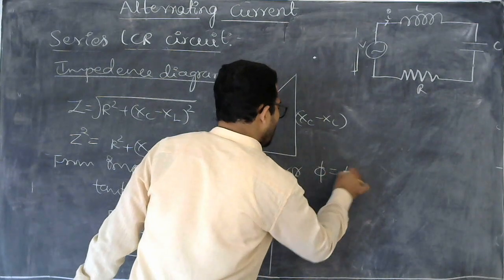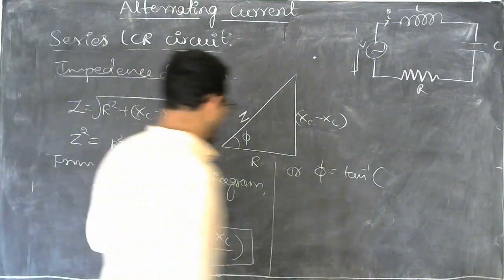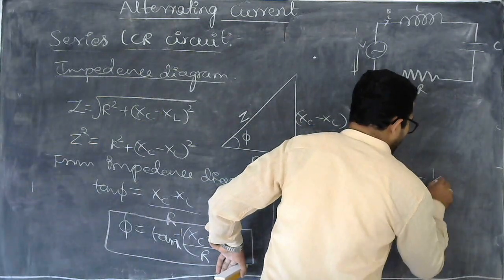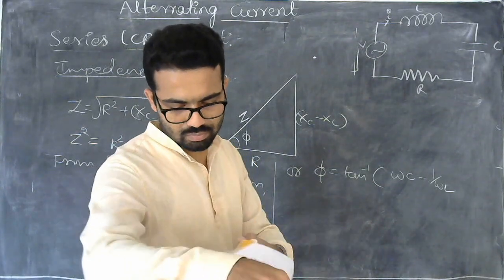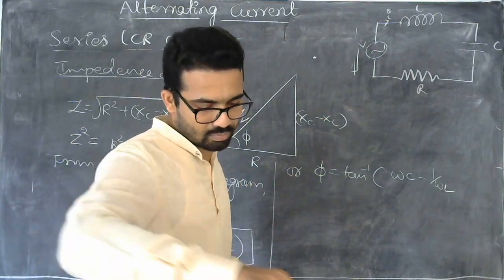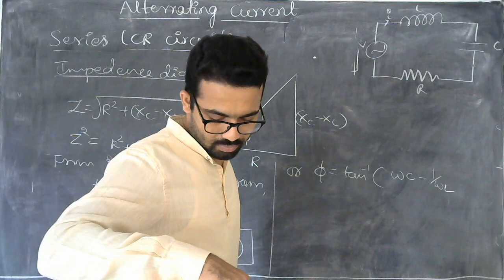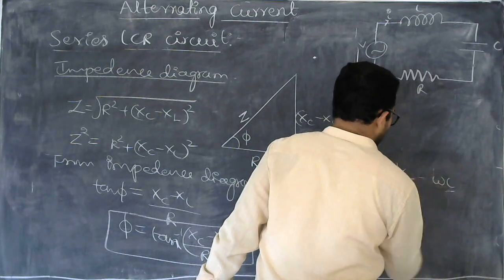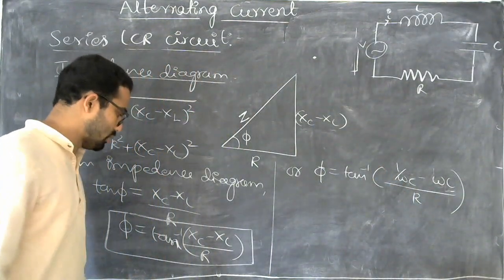Phi is equal to tan inverse of, you can write Xc is equal to 1 by omega C, and Xl is equal to omega L, divided by R. This is also another form of the equation.